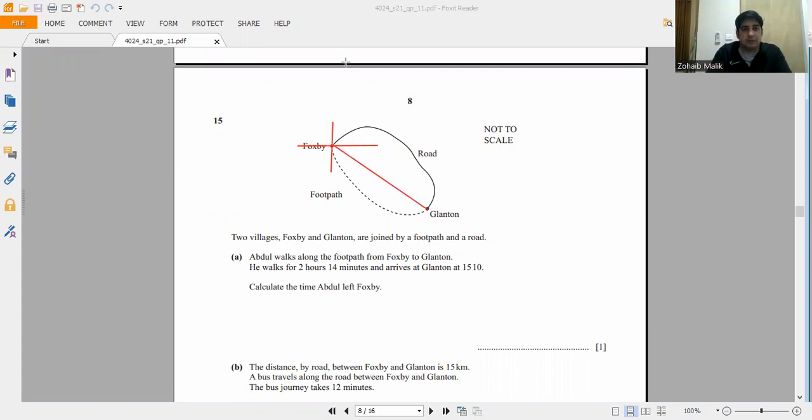Now it is given that the bearing always starts from north. So the total angle is 128, and I'm going to split this angle into two parts. As you know, this is north, south, east, west. So between the north and the east, this would be 90. So 90 plus 38 degrees.